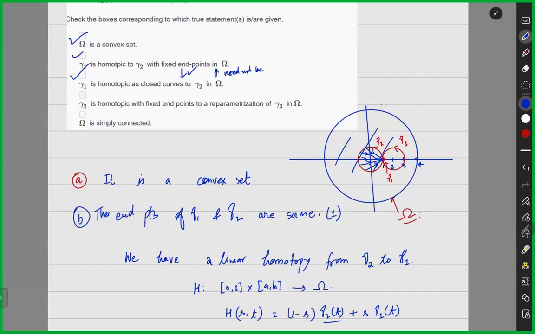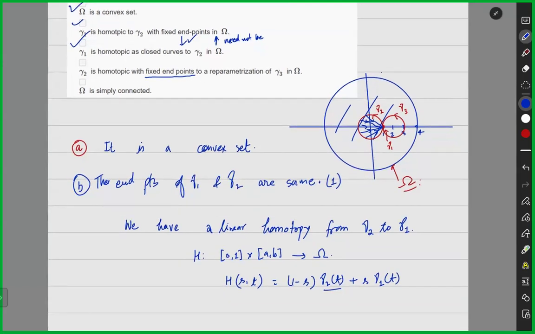So they're talking about homotopy with fixed endpoints. First of all, the required condition is that the two curves have the same endpoints, right? So what is the endpoint of gamma 2? It's 1.